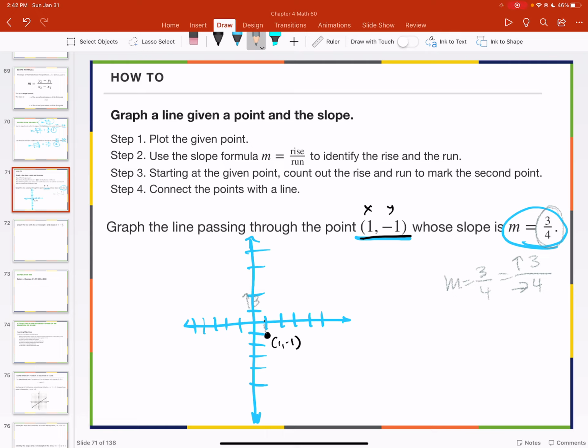It would go up 1, 2, 3, and then to the right 4. So up 3 and to the right 4, and that's my second point. Then that would be your line. You can go ahead and graph that. That is the line passing through 1, comma, negative 1, with slope positive 3/4.